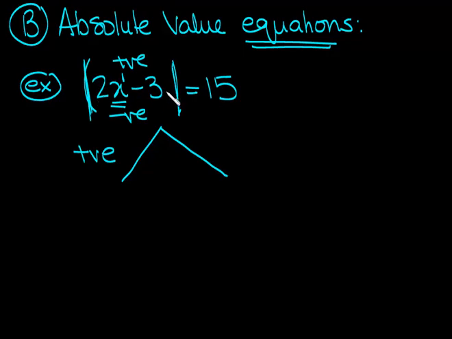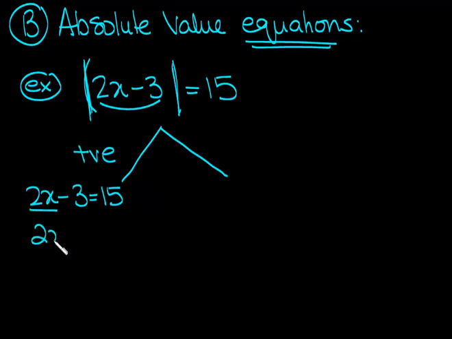If the inside of this absolute value is positive, do I even need those absolute values then? No, we don't, so we can just drop them. We get 2x minus 3 is equal to 15, and we know how to solve that. We isolate the variable term, so we get 2x is equal to 18. We move the 3 over, then we divide both sides by 2, so we get x is equal to 9. Okay, so we do that.